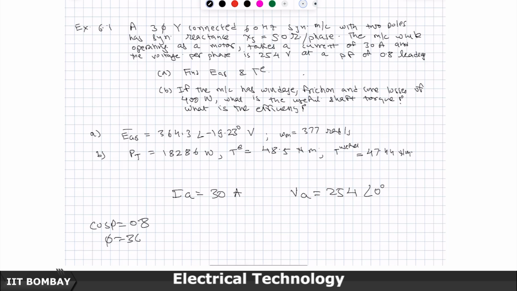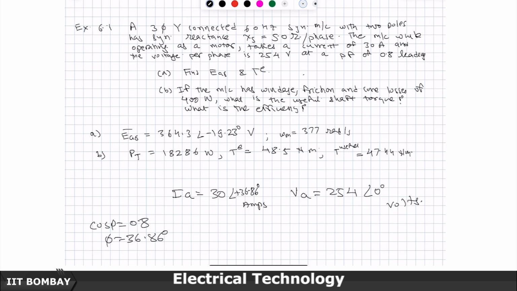So, phi is 36.86 degrees. So, therefore, this is leading current. Because the current is leading, I will write it as plus 36.86 degrees, this much amps and this much volts.